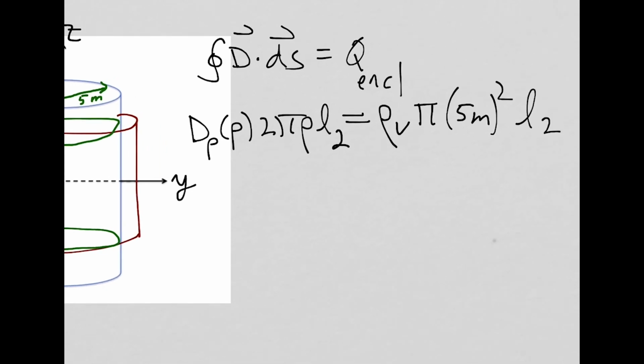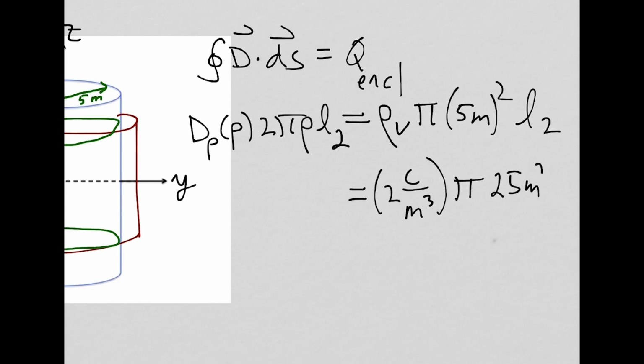So rho sub v is 2 coulombs per meter cubed, and we have 25 meters squared L sub 2. So we can divide through by 2 pi and L sub 2, and we're left with D sub rho is equal to 25 over rho.